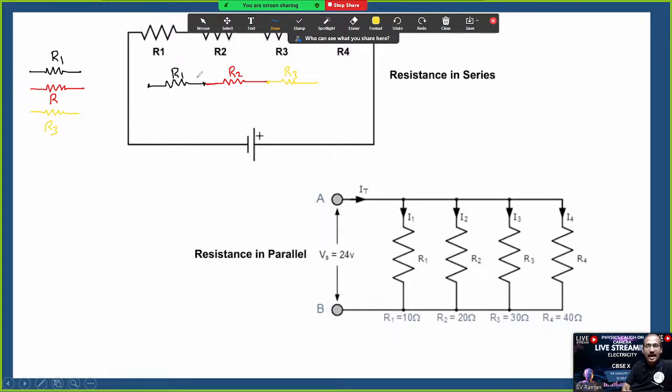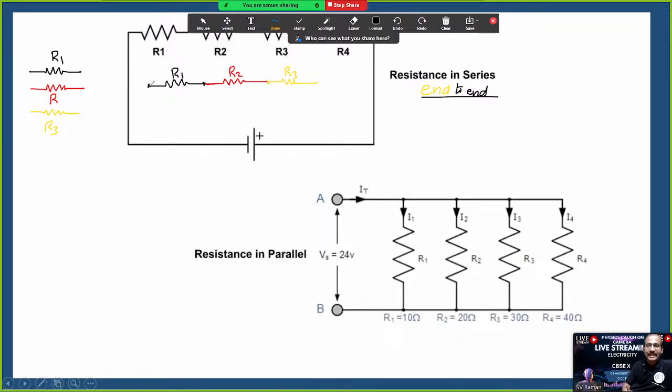Now R1's second end is connected to R2's first end. R2's second end is connected to R3's first end. If you keep on connecting resistors end to end, we can call it resistance in series.